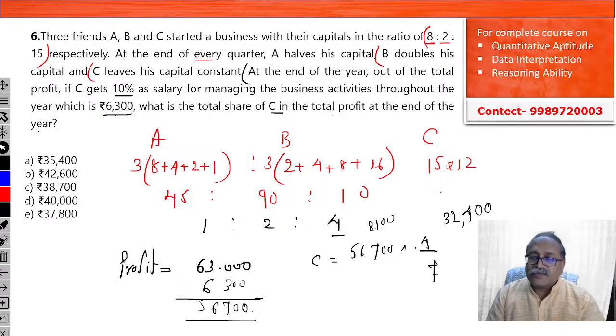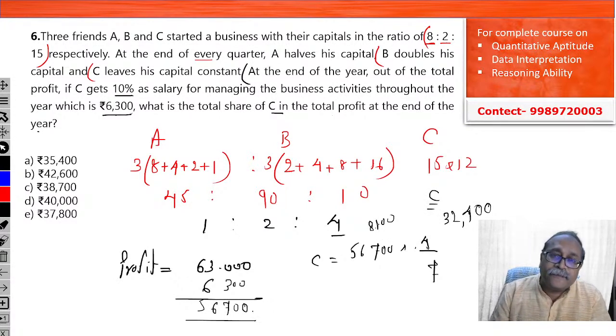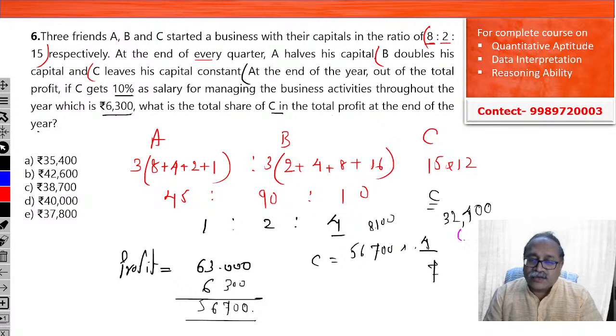This is the profit of C. But C also got a salary, that is 6,300. So now you add that 6,300 here, then you will get his total profit, 38,000. This is my answer.